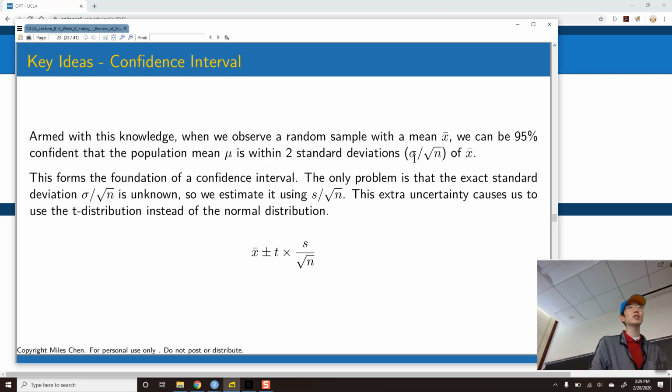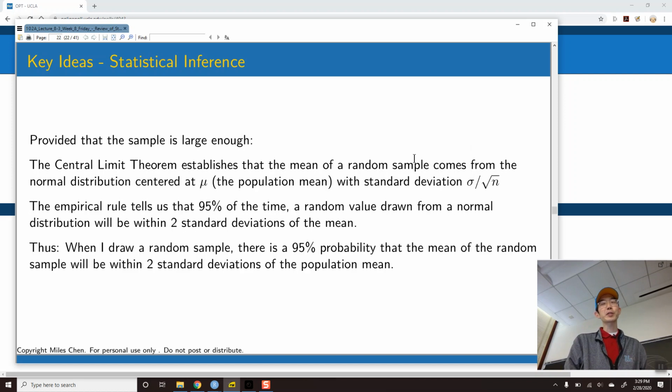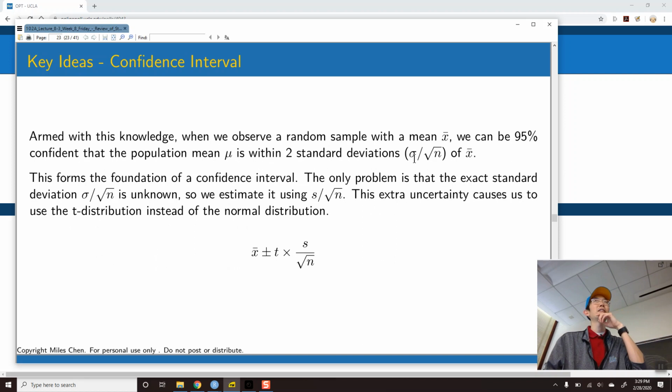Here I say I'm 95% confident that mu is within 2 standard deviations of x bar. So why do I say confident over here, but I can say probability over here? Anybody?